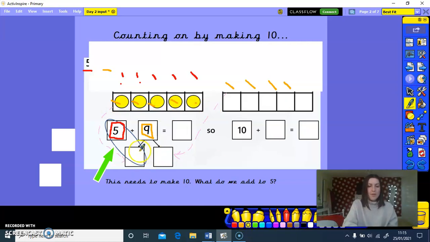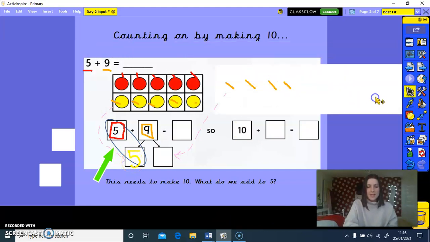So I'm going to put a 5 here. And 5 make 10, which is shown by this here. 5 red, 5 yellow. Added together makes 1, 2, 3, 4, 5, 6, 7, 8, 9, 10.